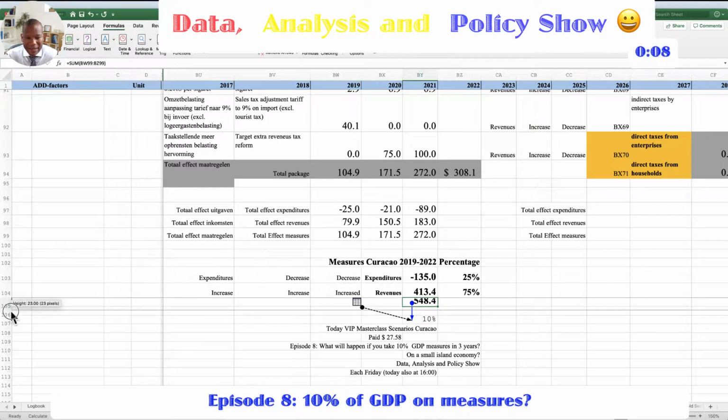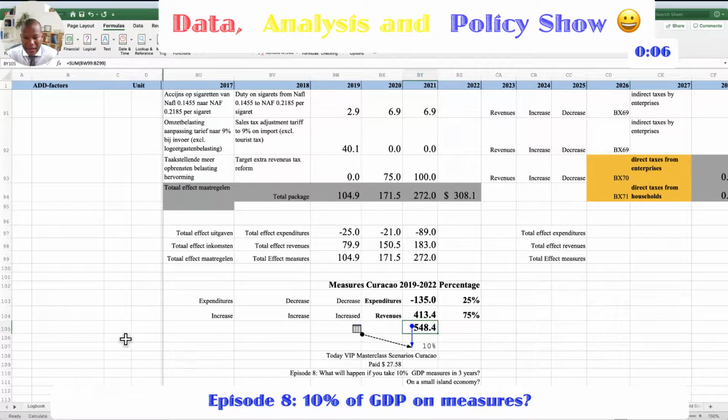That's another analytical thing you want to know, because if the 548 million in 3 years is coming primarily from cutting the expenditures, then maybe you as a business owner or investor will not be hit. But if it is 50-50, then half of it is cutting the expenditures and half of it is increasing the revenues.